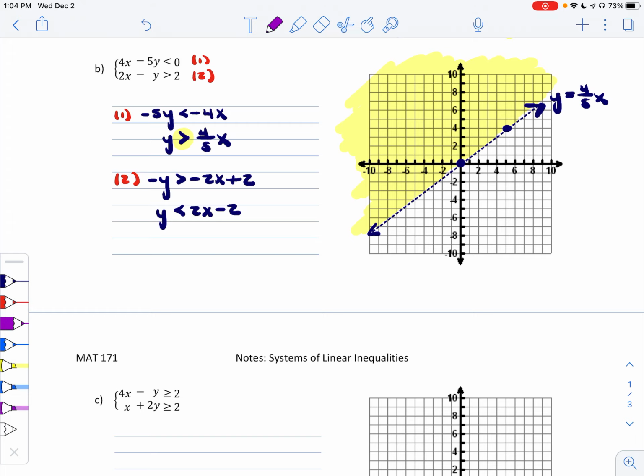All right, so this time we have our y-intercept of negative 2. We have our slope of 2, or 2 over 1. I'm going to go up 2 over 1. And plot my point. Okay, so connect your points with a straight line.